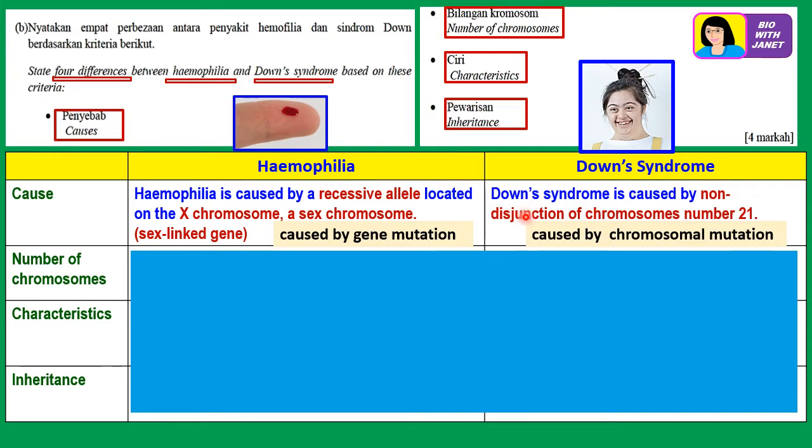It is caused by non-disjunction of homologous chromosomes number 21 that causes the Down syndrome child in the end to have an extra chromosome 21. Non-disjunction means that the homologous chromosomes number 21 fail to separate during meiosis, and both of these homologous chromosomes move to the same pole.